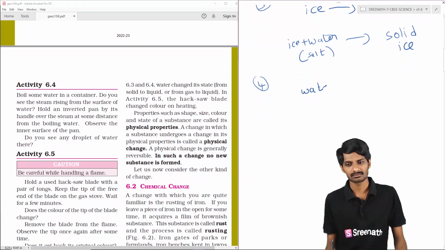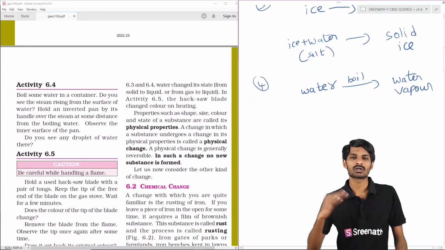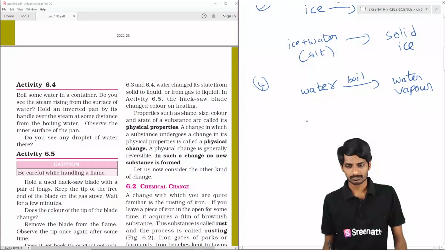Next example is, take water and boil it in a beaker. After some time what happens? You will observe the water vapor, the gases or the vapors coming out of the beaker. Now collect this water vapor.